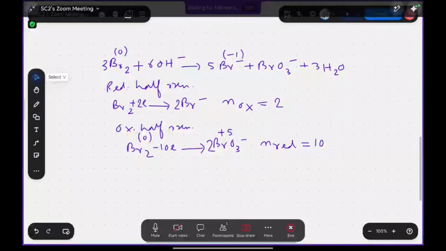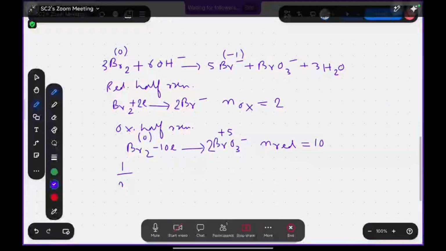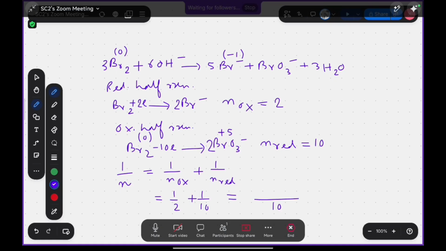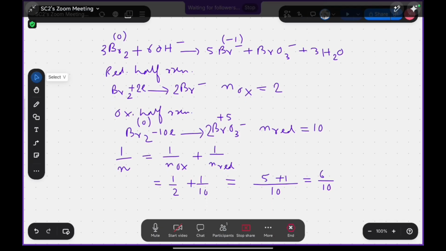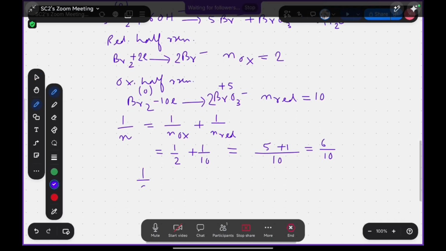If you calculate the whole N factor, it is 1 by N oxidation plus 1 by N reduction. That means 1 by 2 plus 1 by 10. The LCM being 10, it is 5 plus 1, that means 6 by 10. So if 1 by N is 6 by 10, N is equal to 10 by 6, that means 5 by 3.